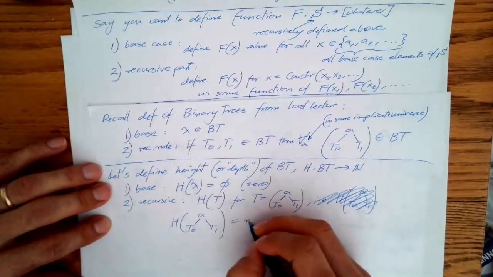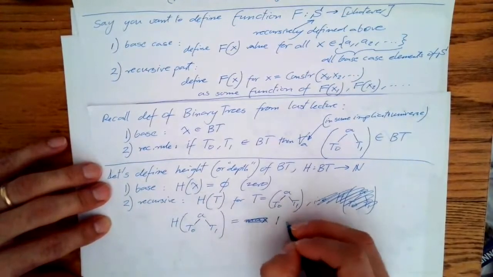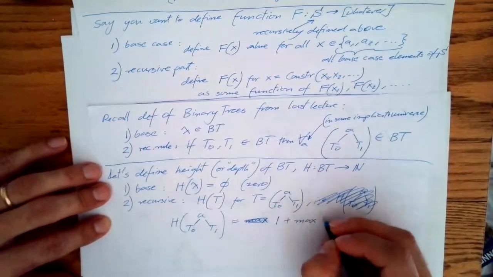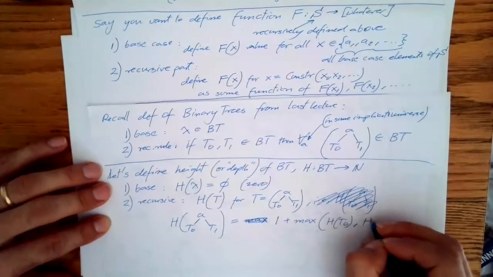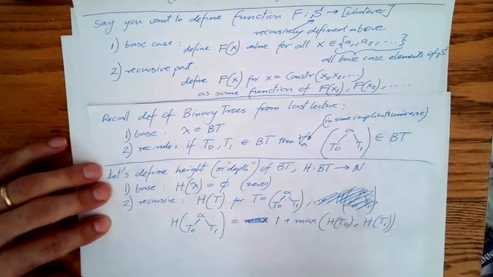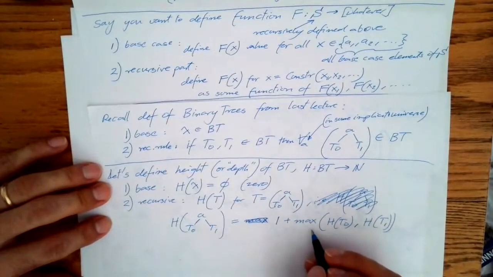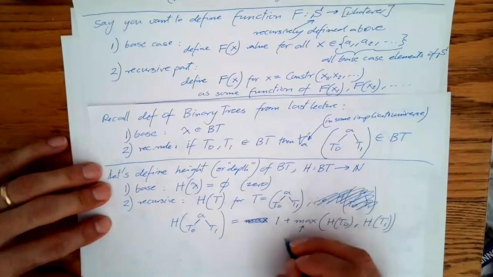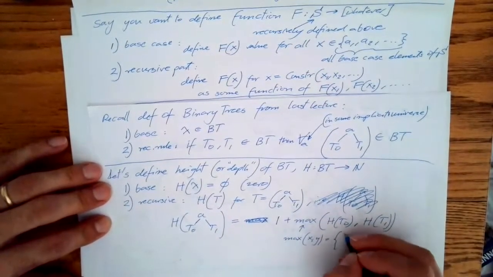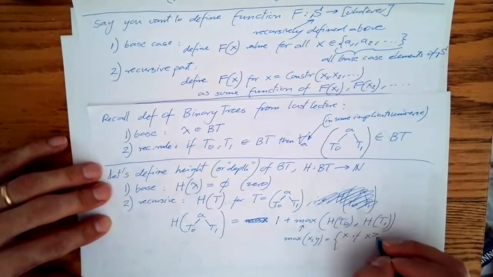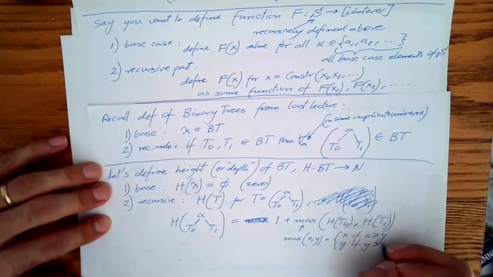So let me cut to the chase: it's 1 plus the max of the height of t0 and the height of t1. The maximum function takes 2 integers and outputs the larger of them. Max of x, y is defined as x if x is greater or equal to y, and y if y is greater than x.